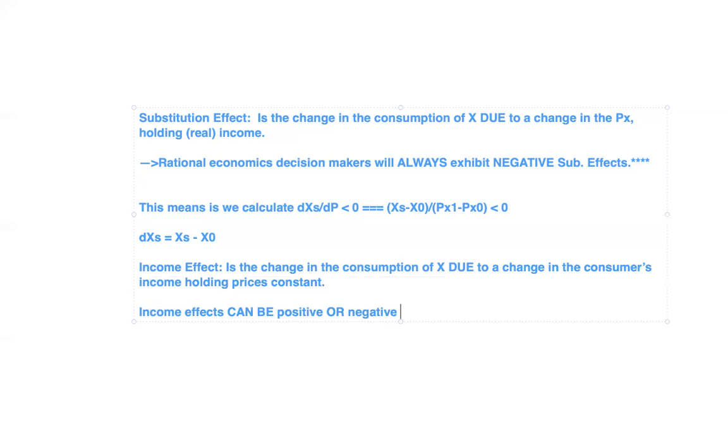And hopefully at this point in time, you all know that a positive income effect is what we call a normal good, and a negative income effect is an inferior good. That's how we define normal and inferior goods.